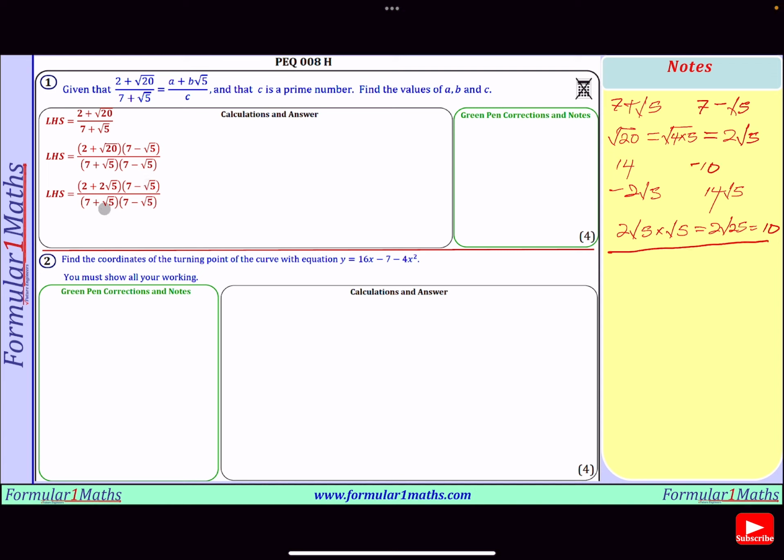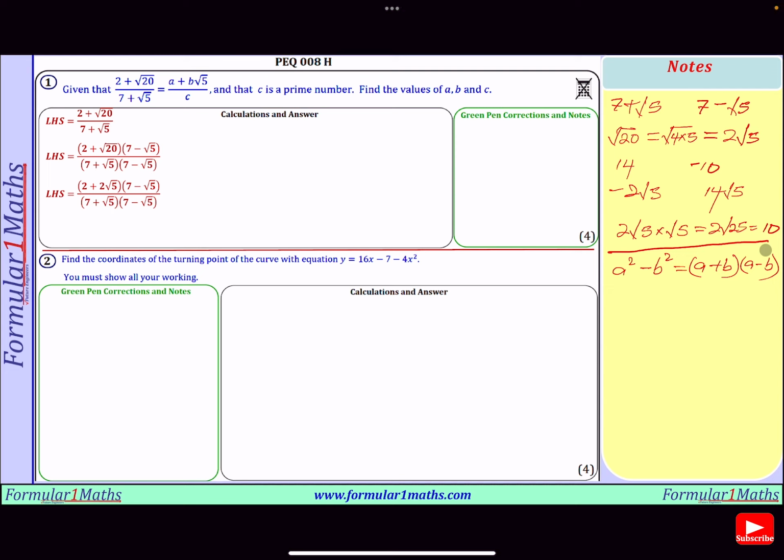The denominator is the difference of 2 squares. So for example, if you have a squared minus b squared, that's a square and that's a square. So this is what is referred to as difference of 2 squares. We can factorize this as follows: a plus b times a minus b. So looking at the denominator critically, it looks exactly like the right-hand side of this equation.